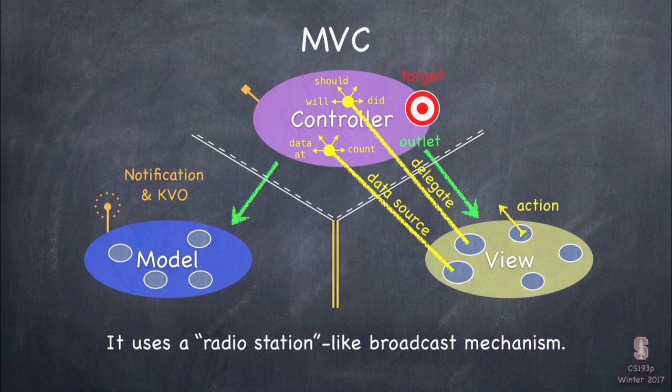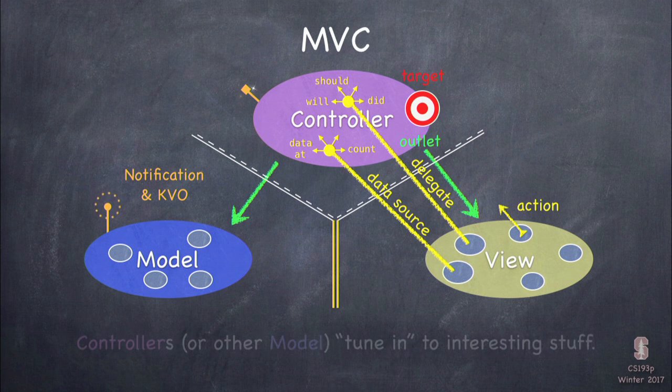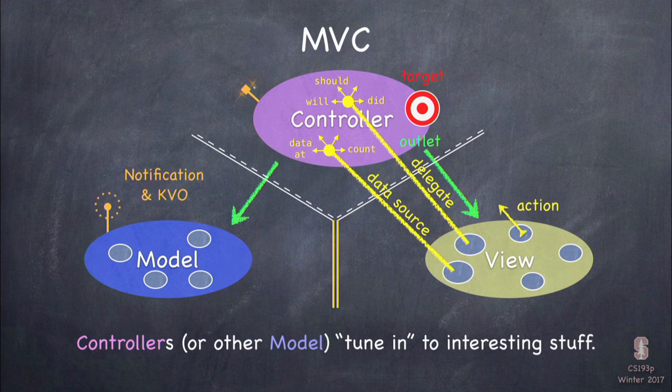Okay? The model basically has a radio station, and it broadcasts on that radio station, hey, I changed, or this about me changed. And then the controller tunes in to that radio station, and when it hears a broadcast, it asks the model what changed down that green arrow there. You see? Okay, so that's the mechanism we're going to use to get stuff for our model that changes to notify our controller.